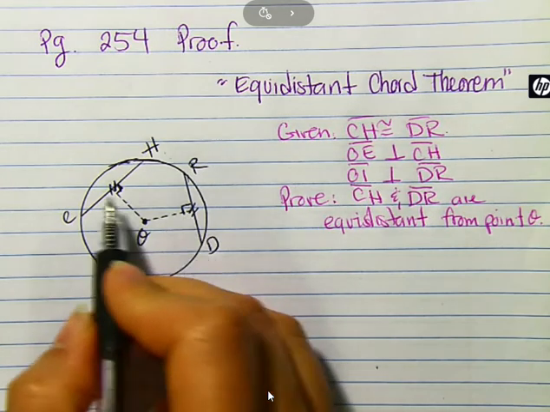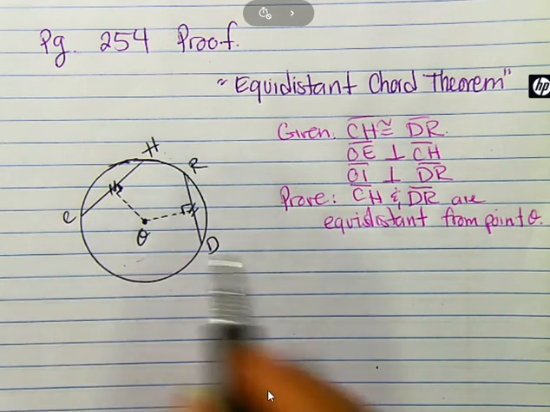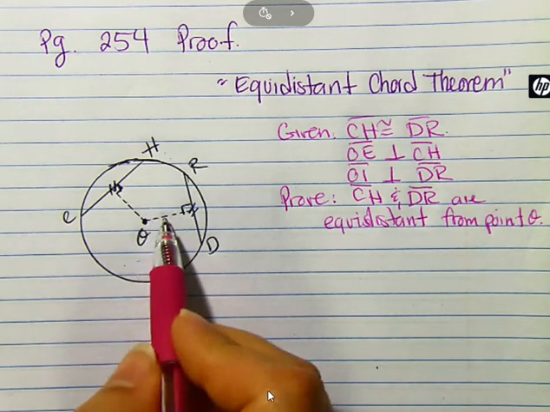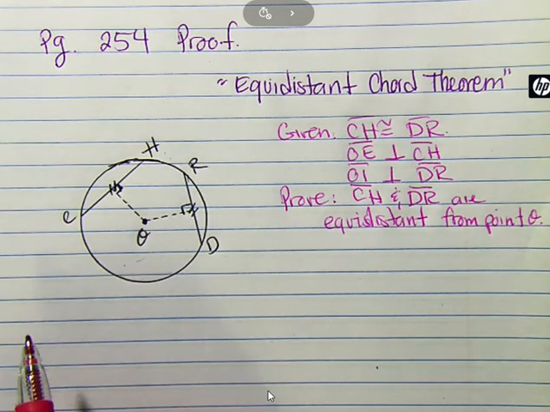Now that I've marked my given, I'm going to construct some additional auxiliary lines here, because after all, what I'm trying to prove is that these two dashed line segments are congruent.